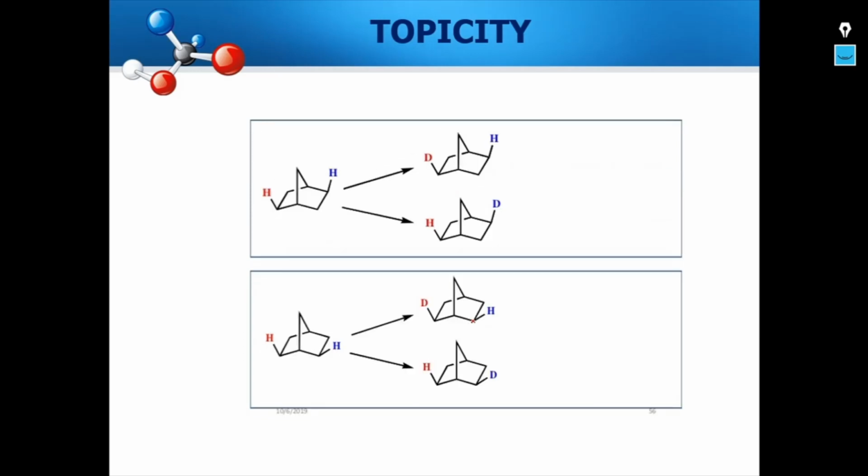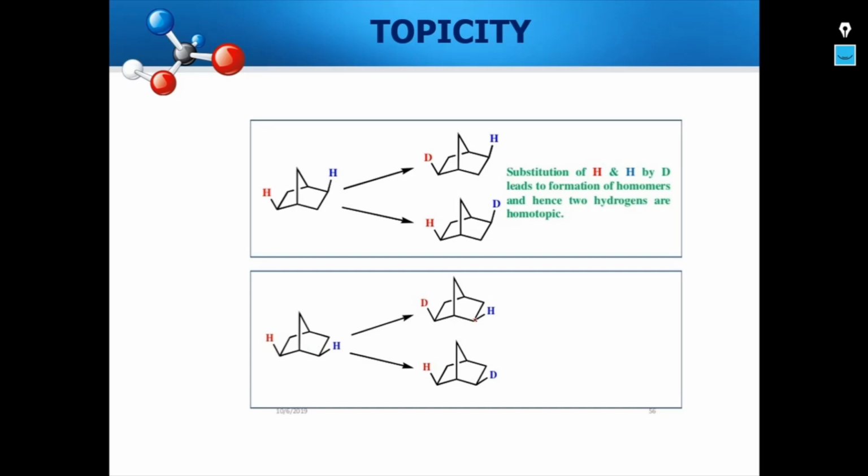Let us go to another example, and I'm going to replace this hydrogen with deuterium and this hydrogen with deuterium, and what am I going to get here? Again, it leads to the formation of homomers, and hence these two hydrogens are homotopic because I'm going to end up with the same molecule.